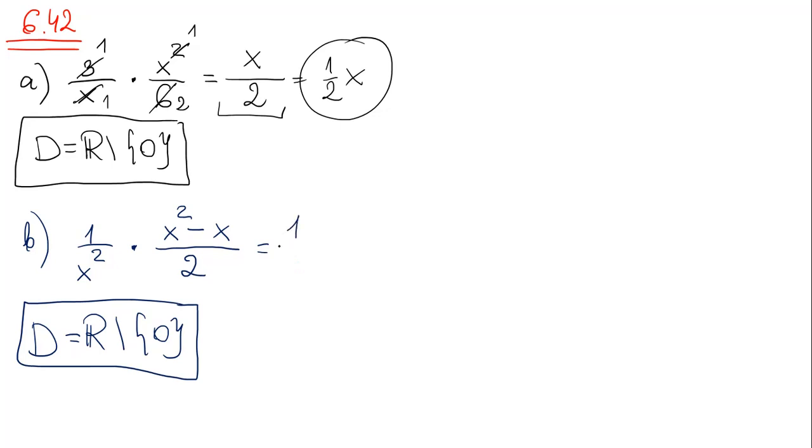But what we can do is take x in front of the bracket from the top of the fraction. So we get x minus 1, right? And now we can see that we can cancel 1x in the top and 1x in the bottom.